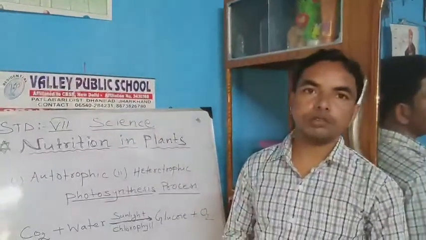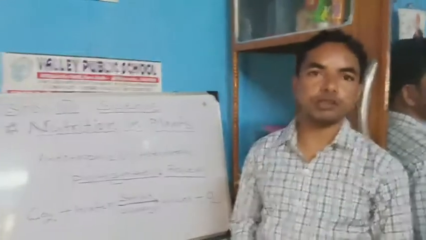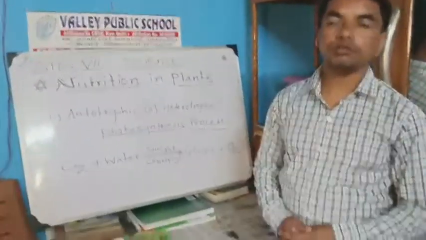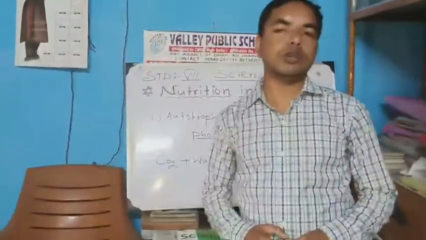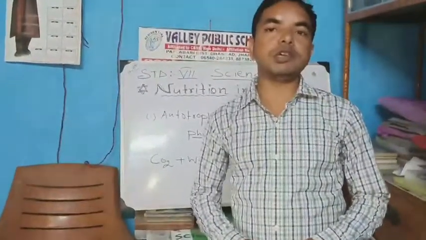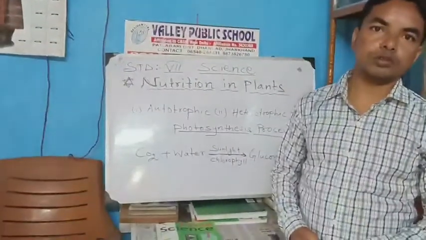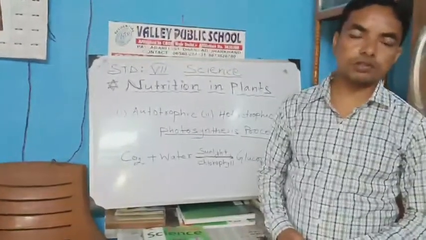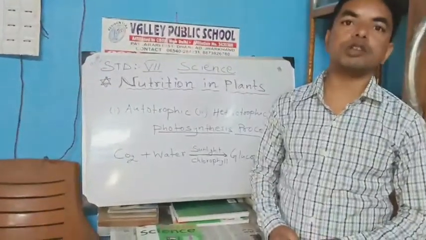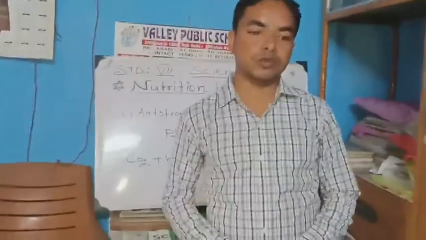For example, some bacteria, animals and fungi are heterotrophic, because they cannot make their own food. They depend on green plants directly or indirectly, so they are called heterotrophic.